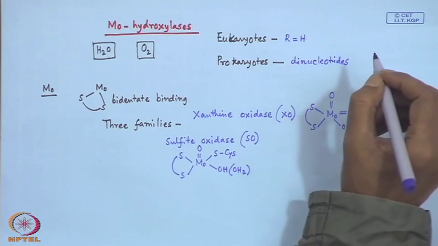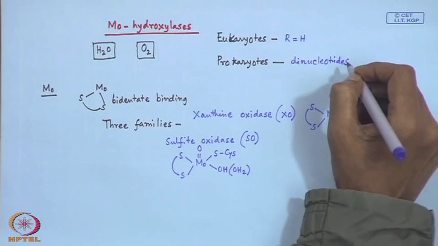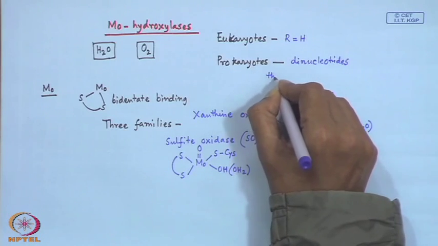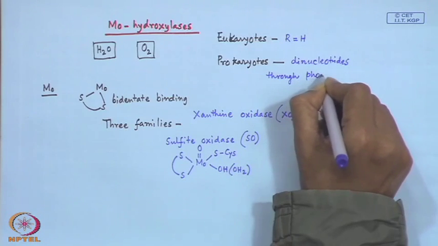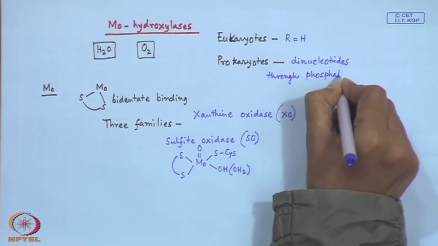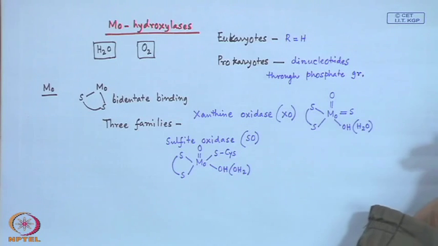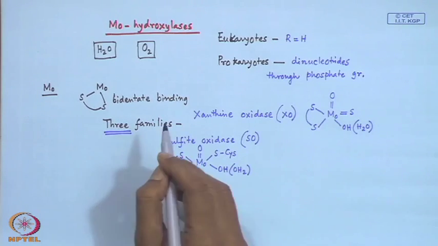So, these groups basically can be attached to the molybdenum center. So, how are these dinucleotides attached? They are attached through the phosphate groups.